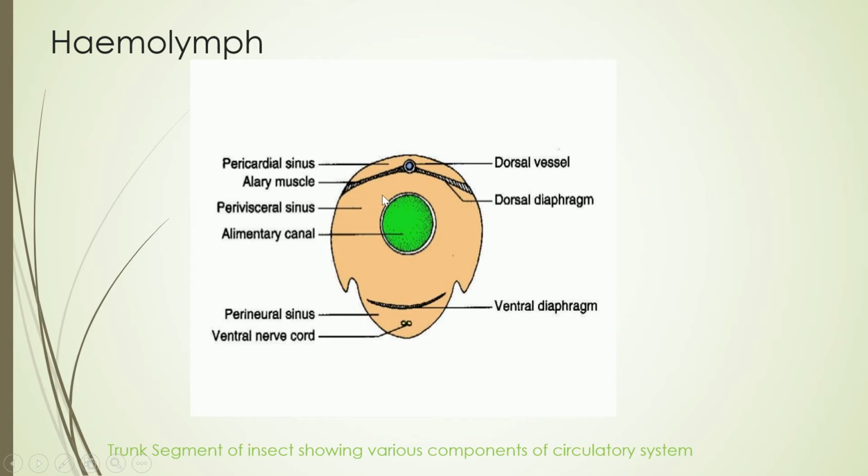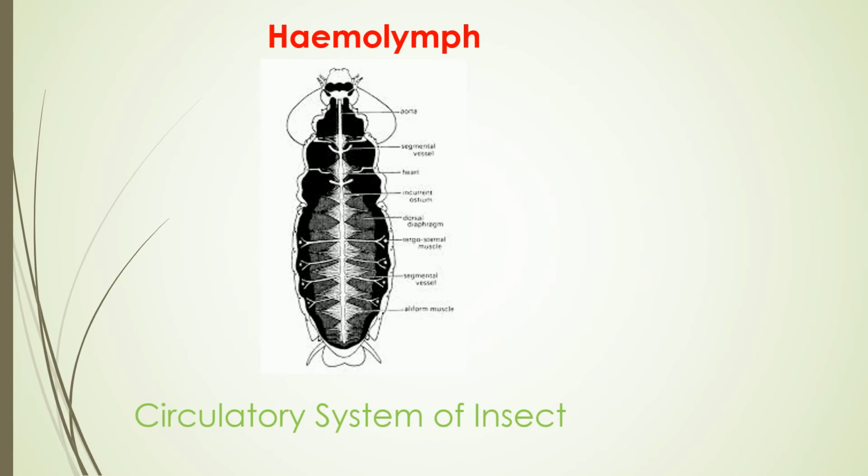In this figure we show the dorsal diaphragm and the ventral diaphragm, which divide the body into three chambers. The middle perivisceral sinus is larger compared to the others. The dorsal blood vessel is found in the pericardial sinus. It is made up of a posterior chambered heart and an anterior tubular aorta, and blood is carried from posterior to anterior.